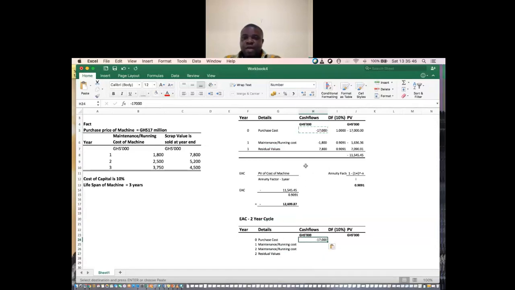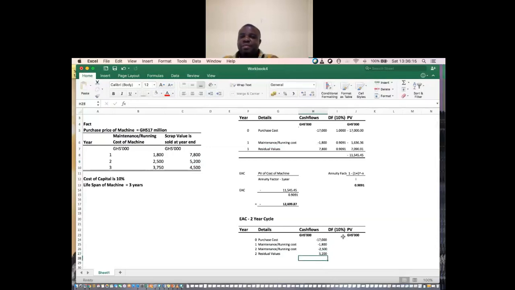We are going to have the maintenance cost of 1.8 for year 1, and then the running cost for year 2, which is negative 2,500. Then the scrap value will no longer be 7.8. It will be 5.2 because we are looking at year 2. So that will be 5,200.